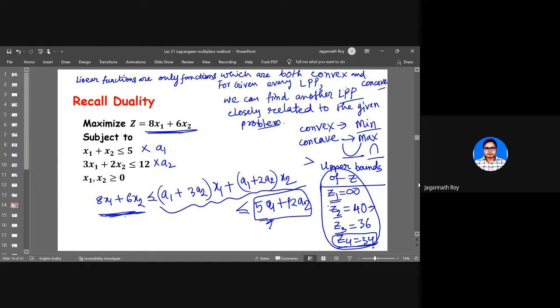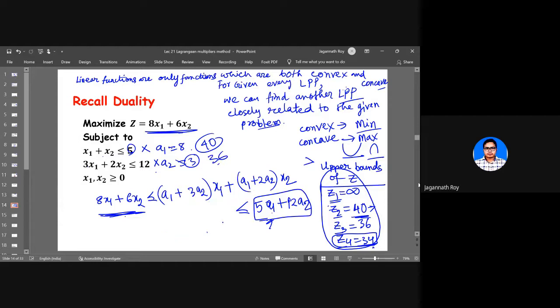For A1 equals 8, if you take A1 equals 8, then the right-hand side becomes 40. So 40 was one of the upper bounds. Then we have seen if we add A2 equals 3, this becomes 36, another upper bound.